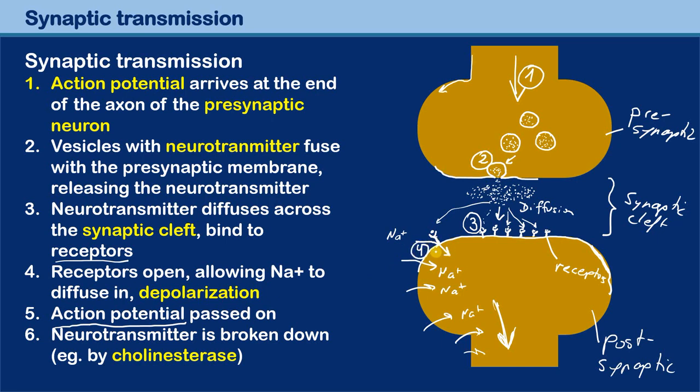And then number 5, the action potential is passed on. Because it's like a wave, like a domino effect, the sodium channels over here open up, the sodium streams in, and you have this new action potential traveling down the nerve cell. So that's number 5. And number 6, we've got to remove all of these neurotransmitters again.